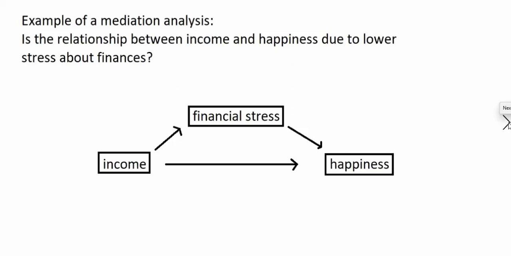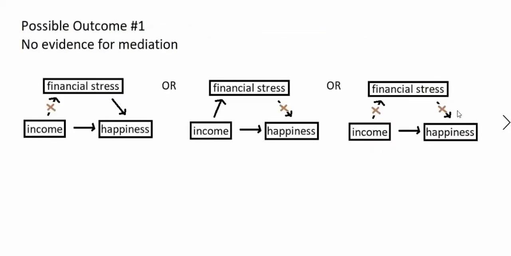Now let's move ahead and look at a few more visuals just to make sure we get these ideas down. So right here, if the data isn't showing a significant correlation between income and financial stress, then one link of the indirect path is broken, which means that the data isn't showing consistency with mediation.